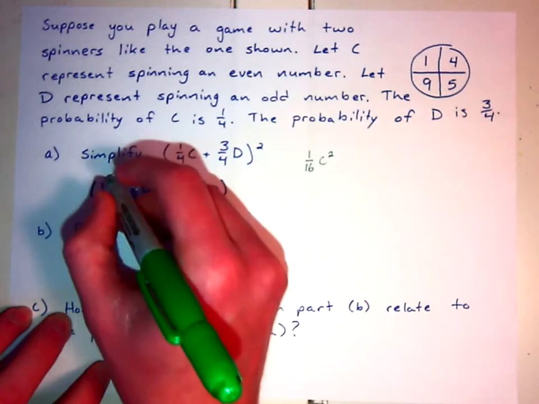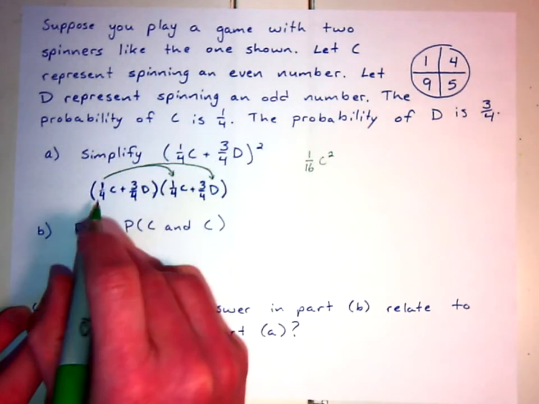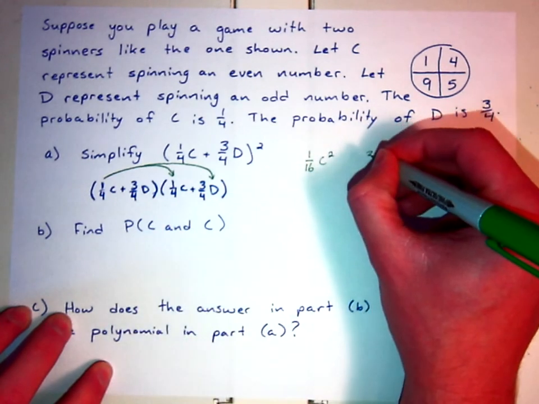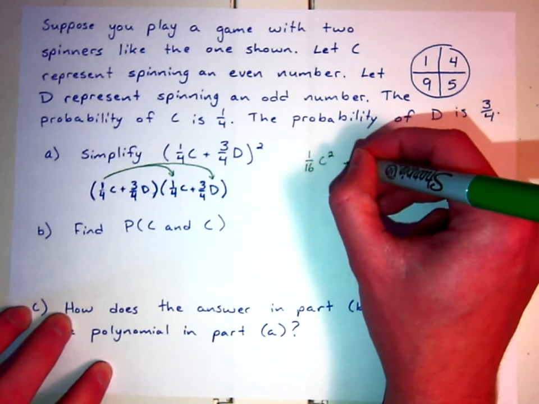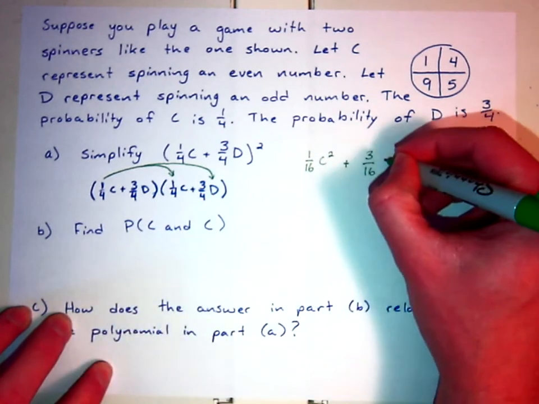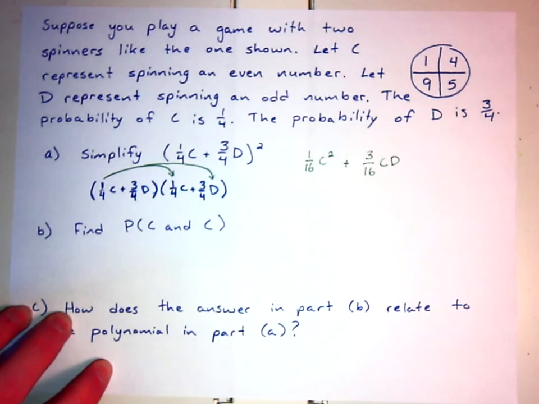Then we go with the outside values. 1/4 times 3/4 is going to be 3/16. They're both positive numbers, so we need an addition sign. We have a C and a D, so that's 3/16 CD.